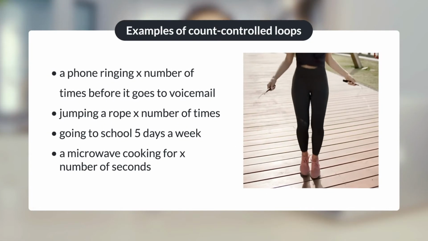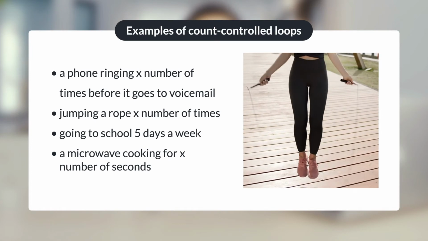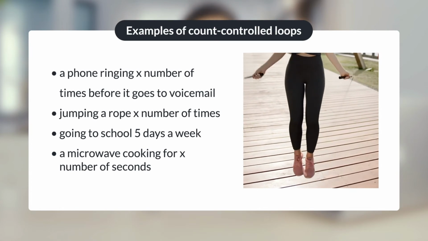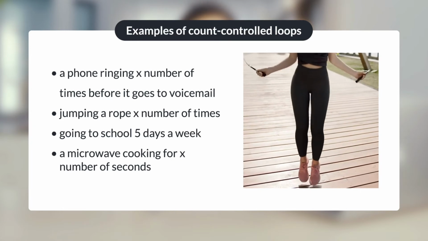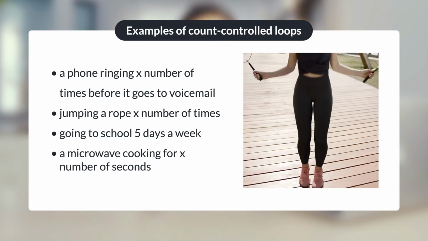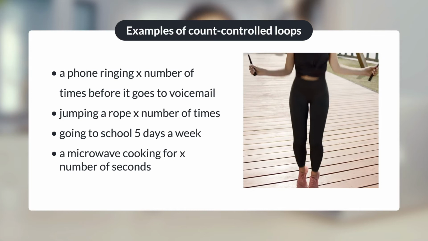Let's think about the loop concept and how it applies to sequences in real life. Examples of count-controlled loops are your phone ringing X number of times before being sent to voicemail, jumping rope X number of times, going to school 5 days a week, or microwave cooking for X number of seconds.